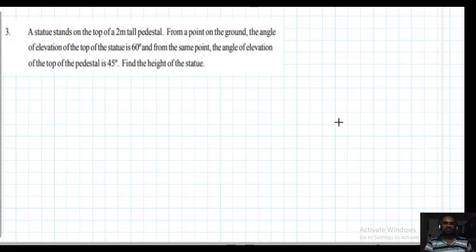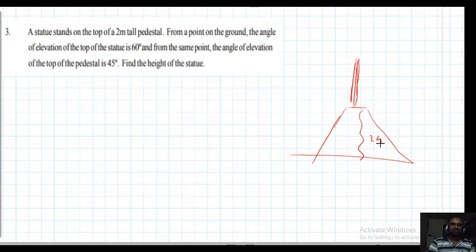Okay students, I think everyone knows what is meant by pedestal. This is that, and on this only the statue stands. This is a statue. Given that this length is equal to 2 meters, this is the statue on level ground. A person is observing the top of the pedestal and the top of the statue.